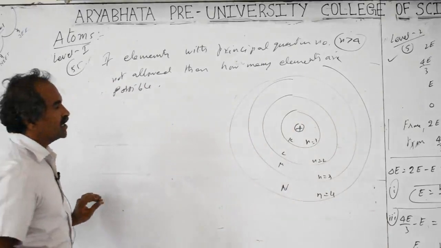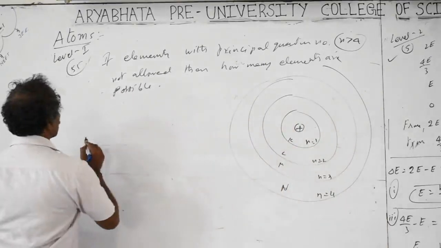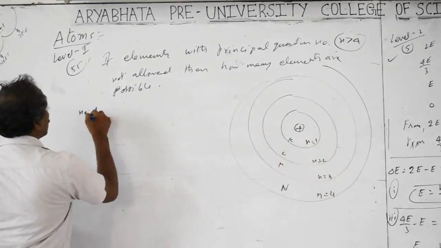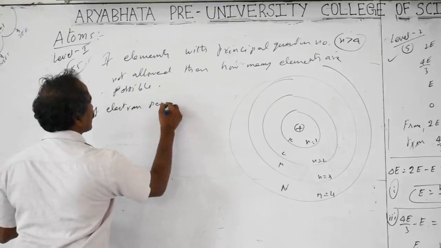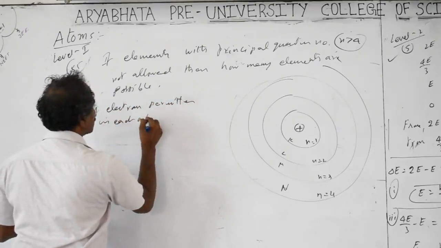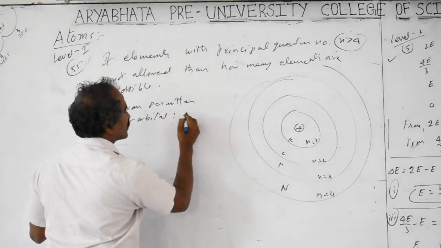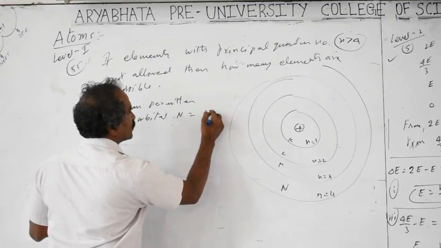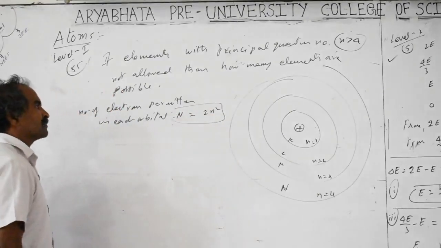The number of electrons permitted in each orbital, the 3-dimensional relationship, is given by the formula 2n square, for the nth orbit or orbital, the number of electrons they can fit.